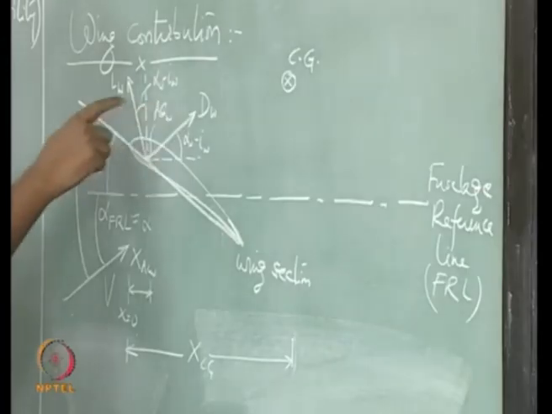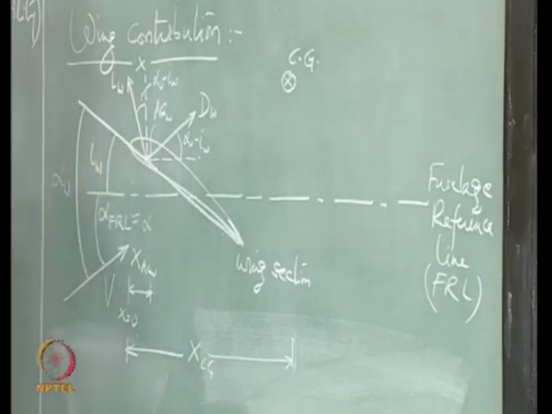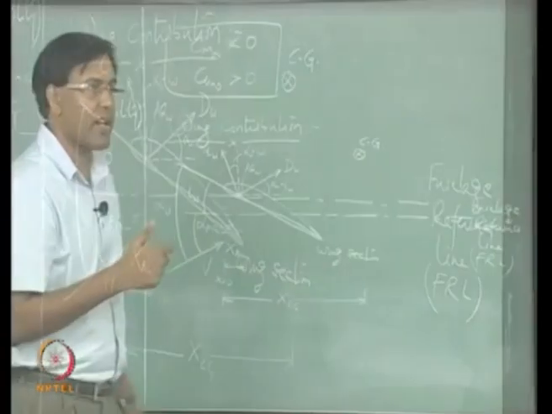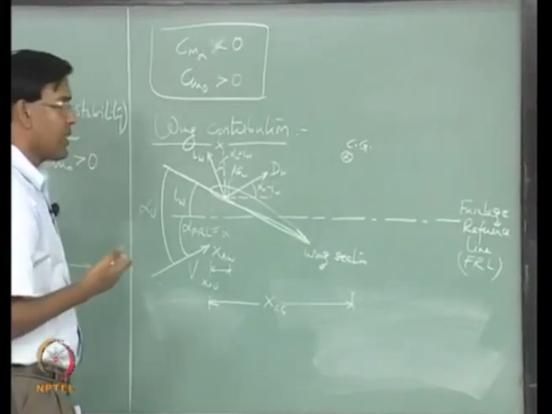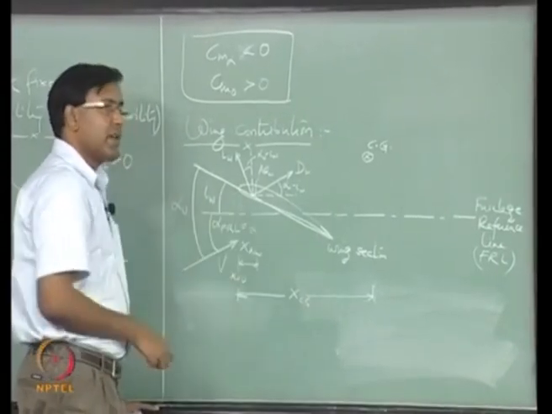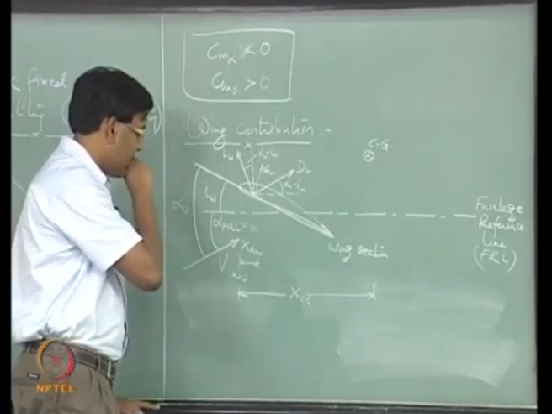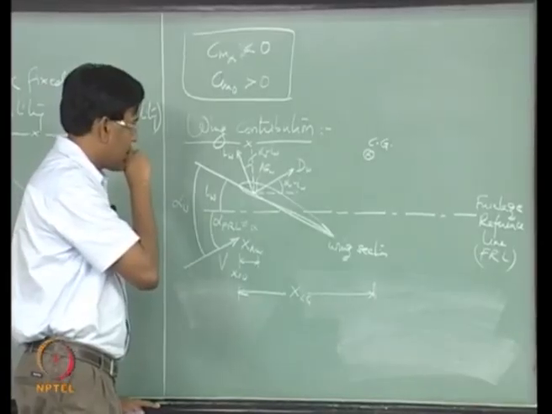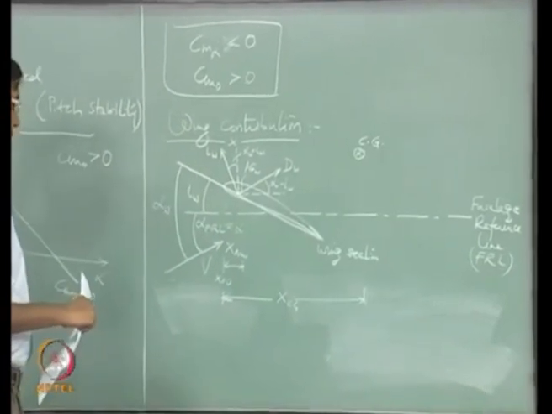Other than these two forces, we are saying that the aerodynamic center is lying at the quarter chord. If the wing airfoil section is not symmetric, then we know that the center of pressure will lie slightly off this aerodynamic center. Let's not assume that; we will not assume that the aerodynamic center of the wing is lying at the quarter chord.